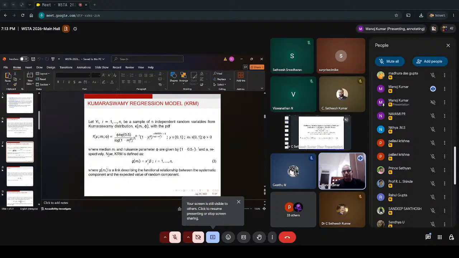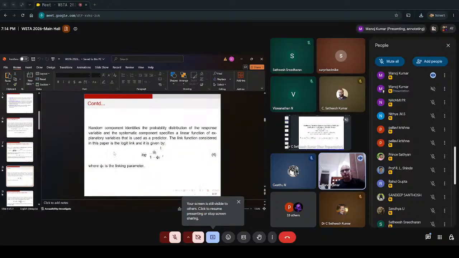So now, after modifying, the Kumaraswamy regression model came in this form, g(mi) equals xi transpose beta, for i equal to 1 to n. This is the link function, because we will be using the link function in order to convert to the case of a two-parameter estimator to work on.